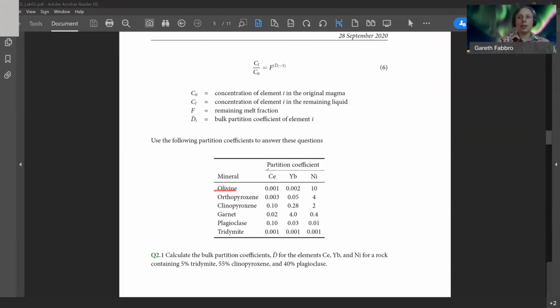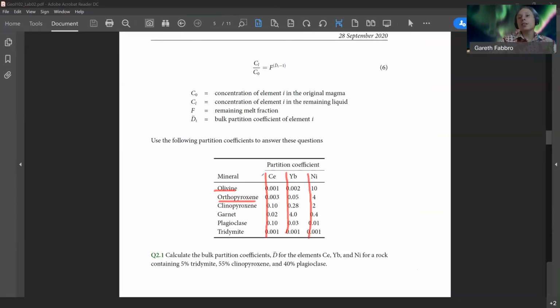You also have different elements. You have cerium, terbium, nickel. And don't worry if you don't actually remember what CE stands for or YB. A lot of geochemists don't actually know what they stand for. In my head, these often come up as erbium, barium. I don't actually remember them all.